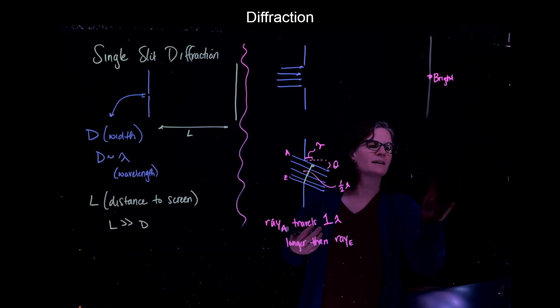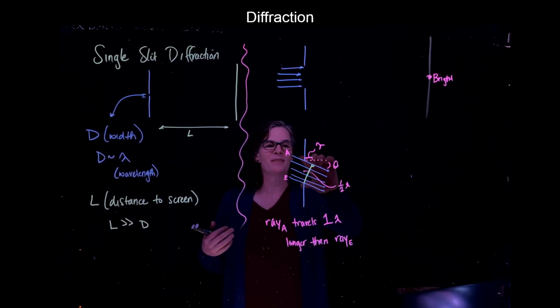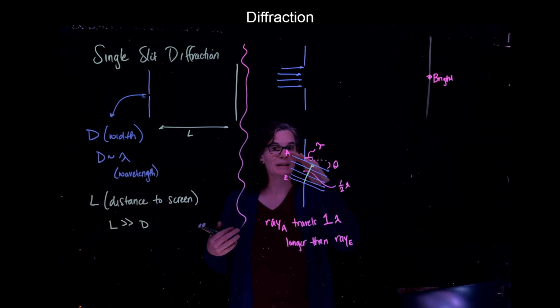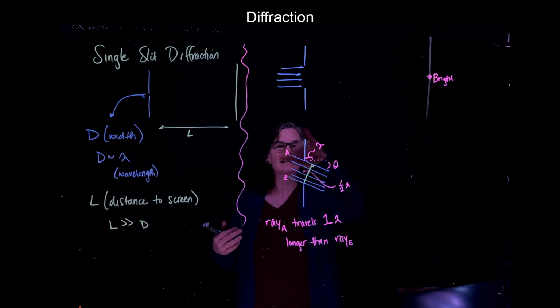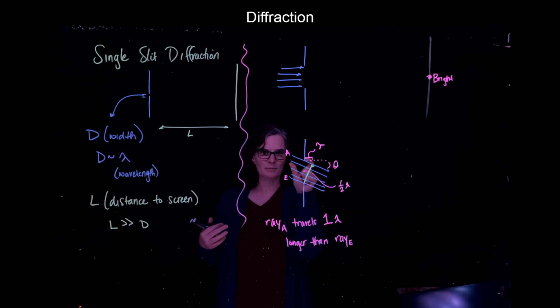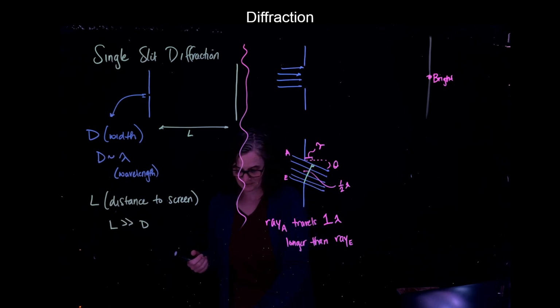When the angle causes that light ray to be one wavelength, we get destructive interference.